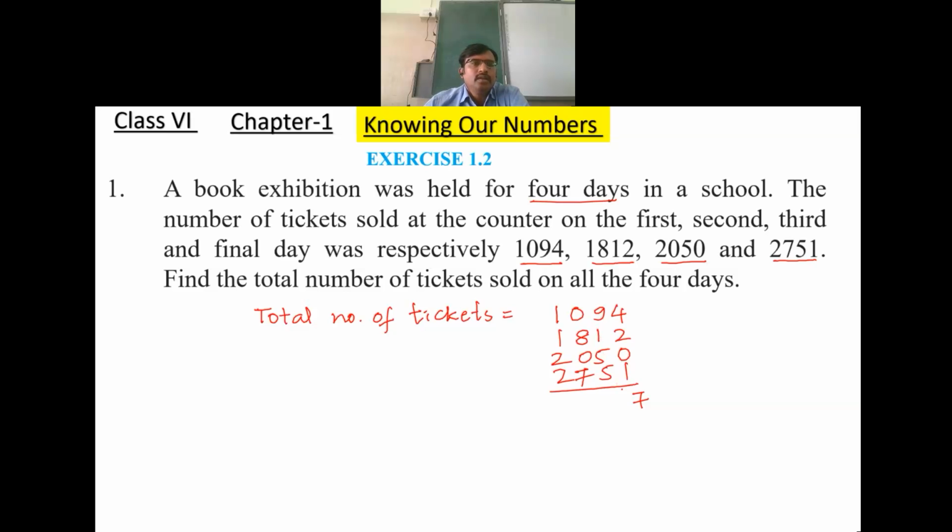Plus 9 is 22, carry. So 2 added to 8 is 10. Added to 7 will be 17. 1 carry. So we'll be getting 7,707.